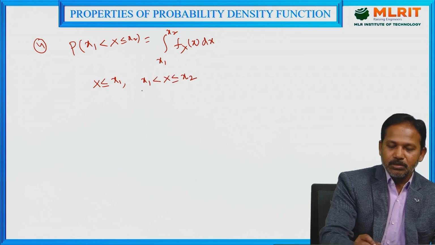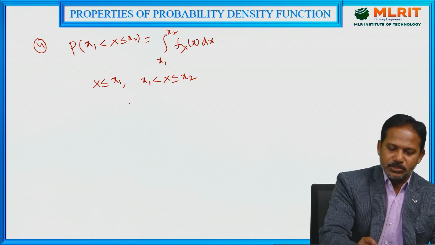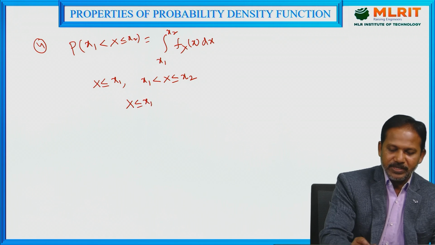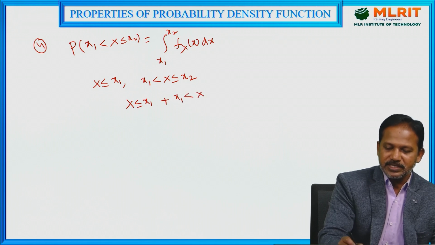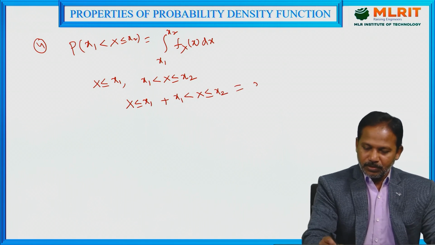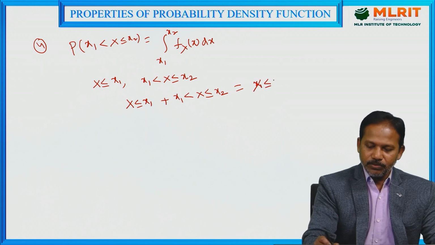There is nothing common between these two events. So I can write X less than or equal to x1 plus x1 less than X less than or equal to x2 is also written as X less than or equal to x2.